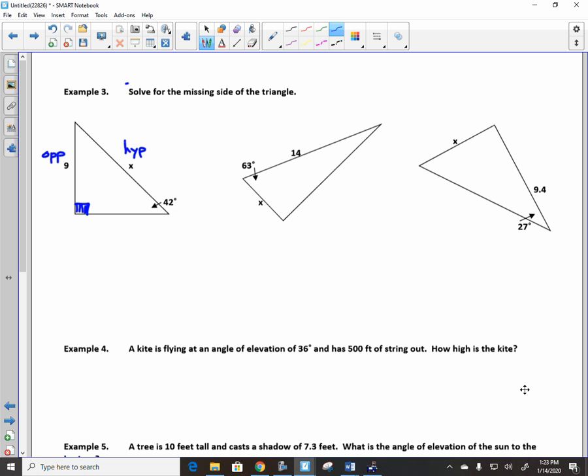So do I use sine, cosine, or tangent? Very good. I use sine. As sine is opposite and the hypotenuse, right? Cosine is adjacent and hypotenuse. Does it help if I write this up there? Opposite and hypotenuse, I use sine. Yes? Does that help a little bit?